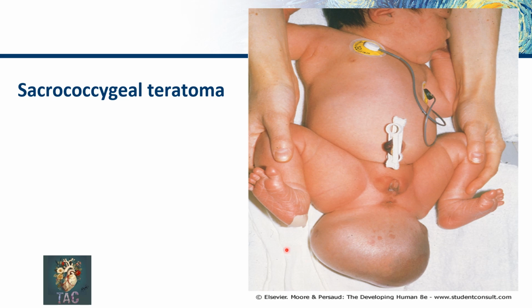Teratomas are tumors which contain all three germ layers, and you know that by the process of gastrulation the epiblast is responsible for formation of all the three germ layers, and the remnant of the primitive streak will be able to form all the tissues derived from the three germ layers. So this is called the sacrococcygeal teratoma.